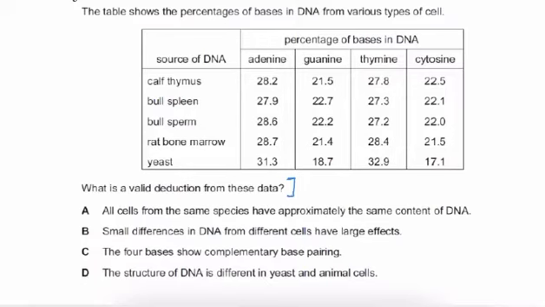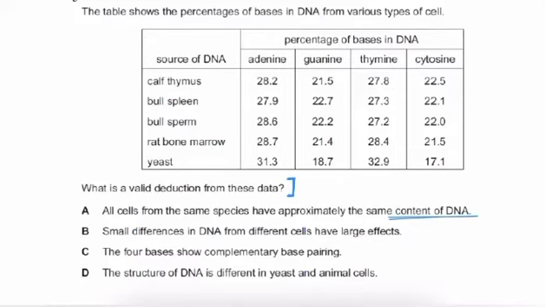So whatever deduction we have to make should be consistent with the data. Let's look at the statement A. All cells from the same species have approximately the same content of the DNA. What does the content mean? Content could mean the sequence of nucleotides, or the content could mean the amount.